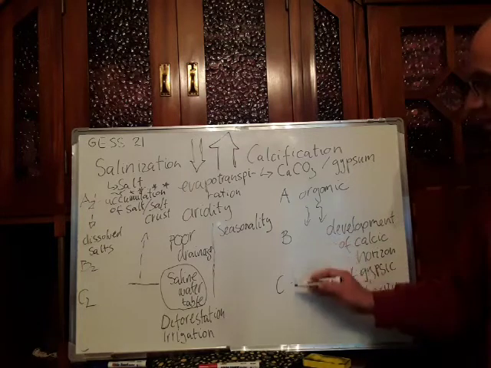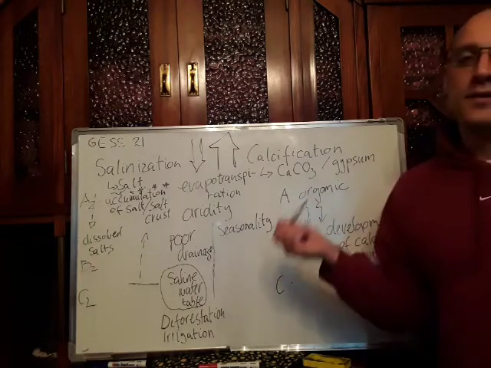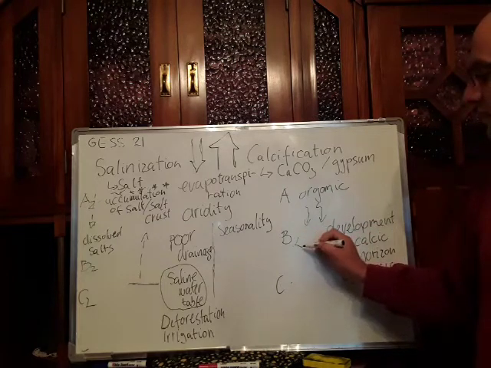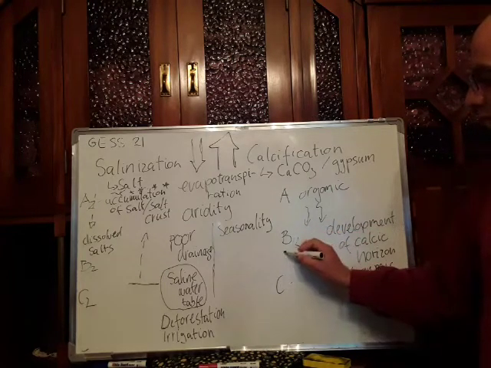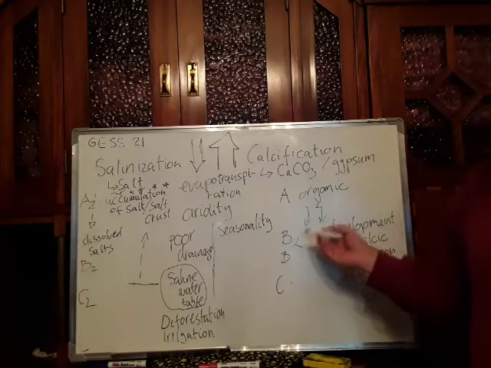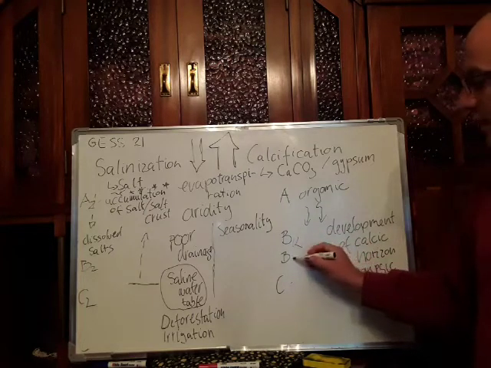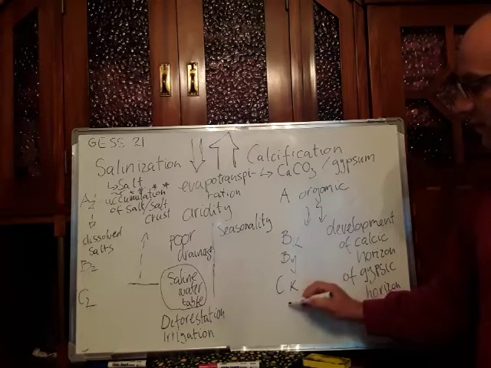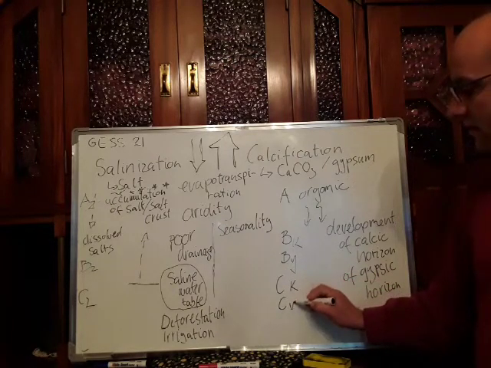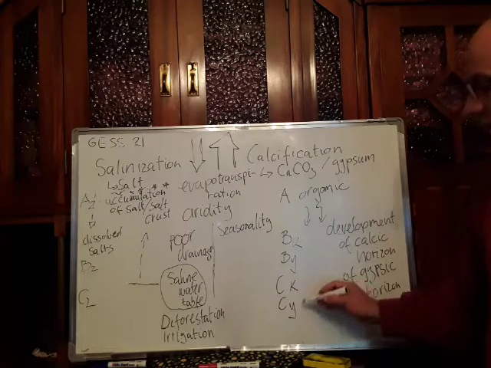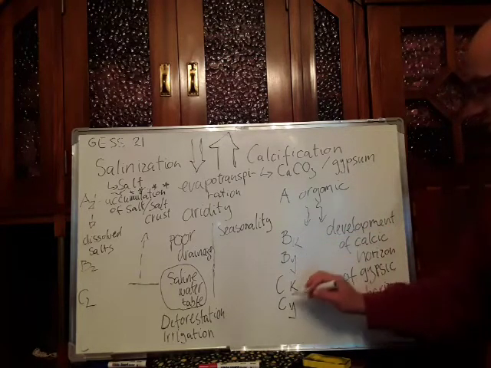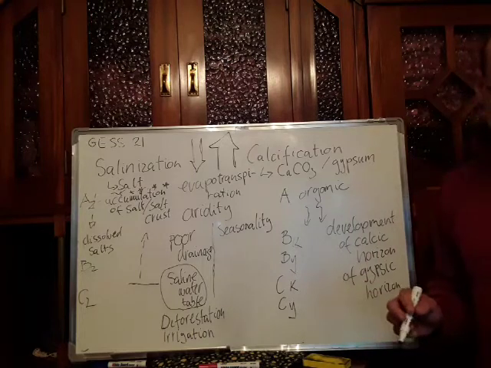And this would be somewhere around the BC horizon, so it can be BK or a BY, or a CK or CY horizon that develops for a calcic or gypsic horizon.